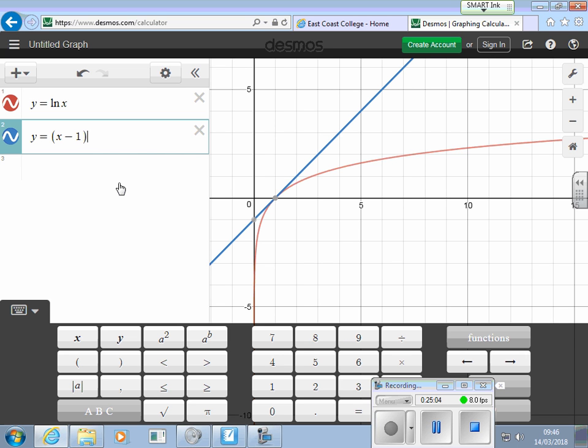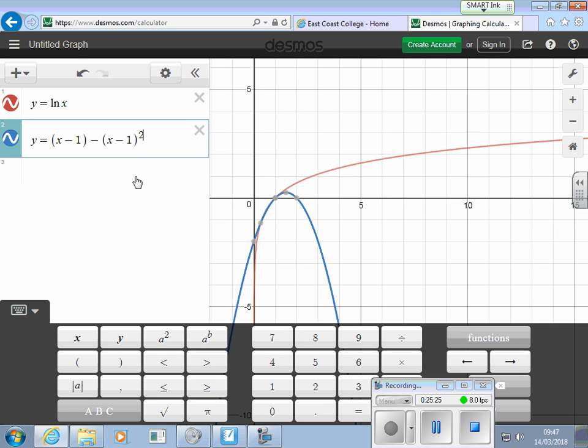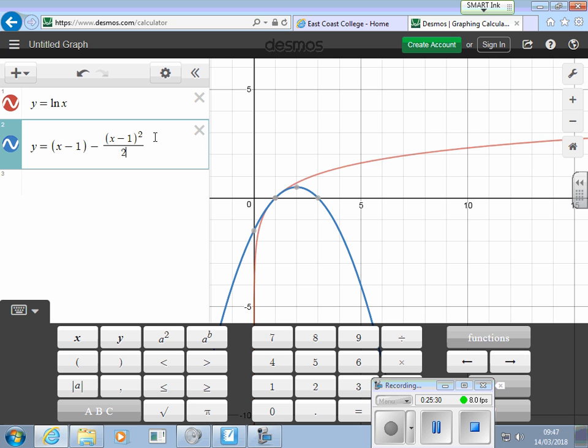Is it plus for the first one or minus? Minus (x minus 1) to the power of 2, and all of that is over 2, yeah? Right, so you can see it's moving in line with the function around that point where x is equal to 1, because that's what we set a equal to.